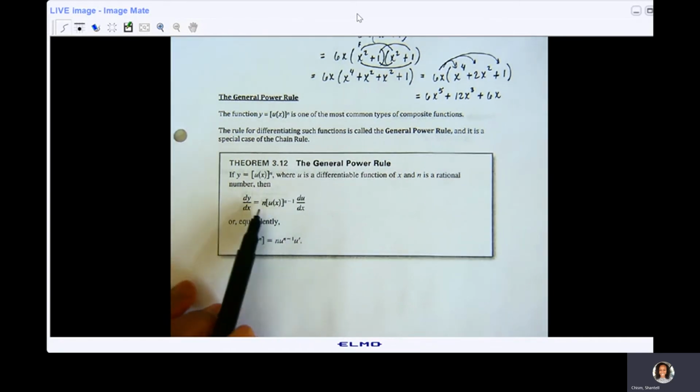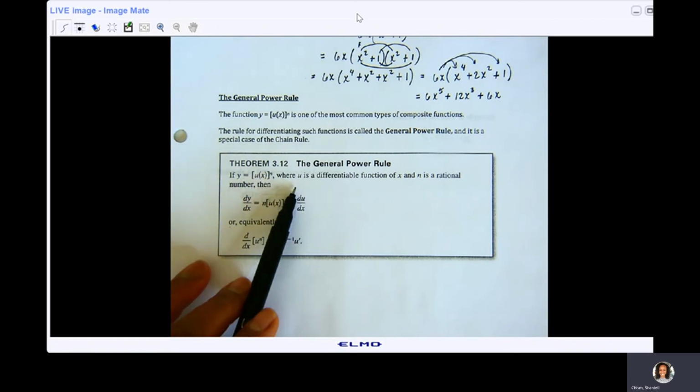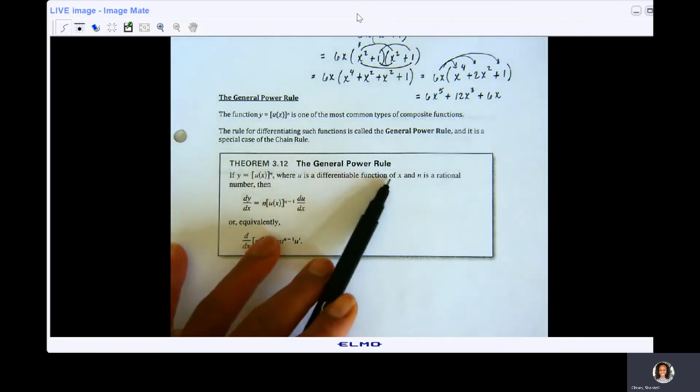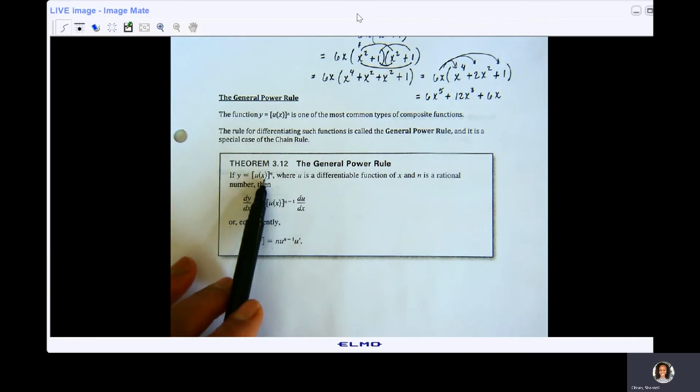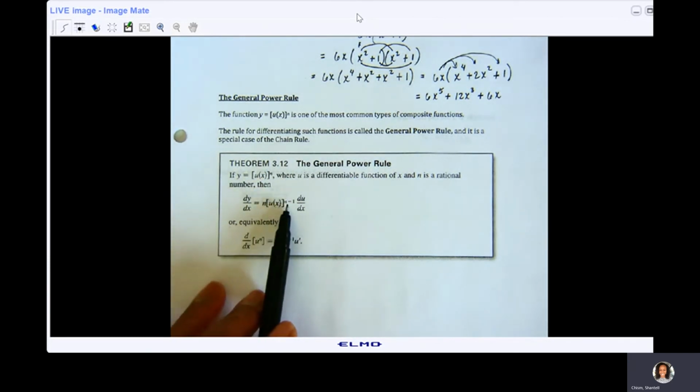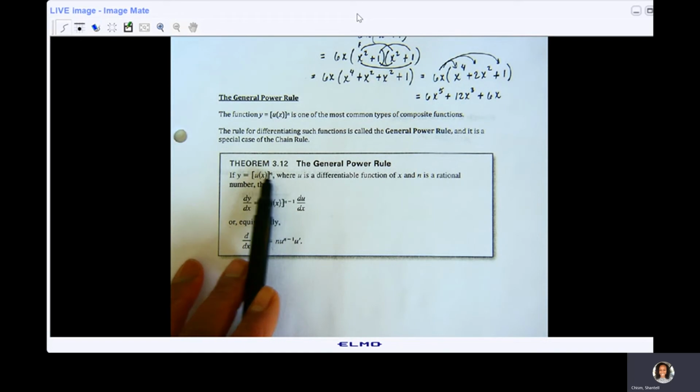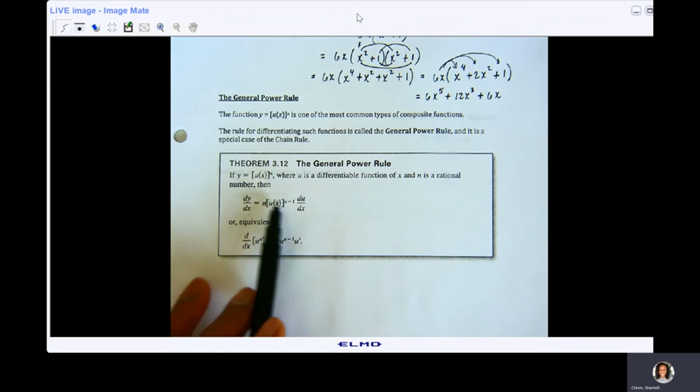So let's say you've got this function y, you've got this inner function u of x raised to some nth power. And let's suppose this inner function u is differentiable with respect to x. Okay? So what you would do is take the outer derivative, bringing down the n, bringing down the exponent, and reducing that exponent by 1, and then taking the derivative of the inside, the derivative of u.